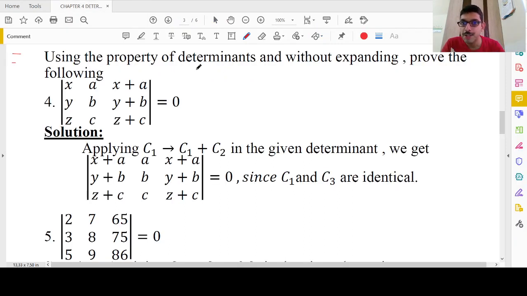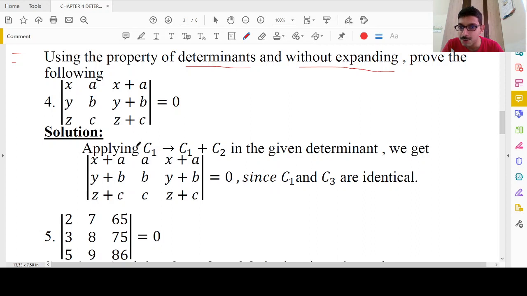Now to the next problem: using properties of determinants and without expanding, prove the following. So first one, x plus a, y plus b, z plus c, equal to 0. This determinant we have to prove that it is equal to 0 without expanding. So without expanding, to show that it is 0, we have to show that any two columns or rows are either identical or proportional. And we can use the transformations.